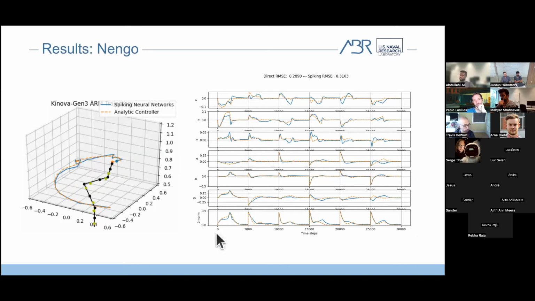We see there's definitely qualitatively some discrepancies here, but relatively good performance. Formally, analytic mode is getting 0.289 and spiking is getting 0.3103, which, I mean, we don't have a reference for these, so whatever. But you can see that it's doing well.